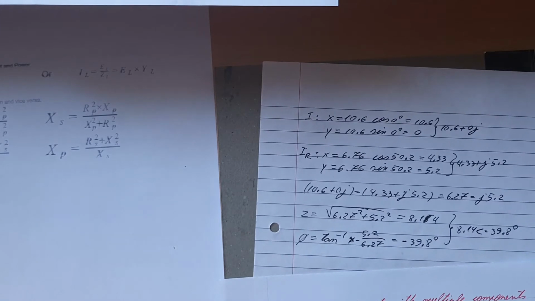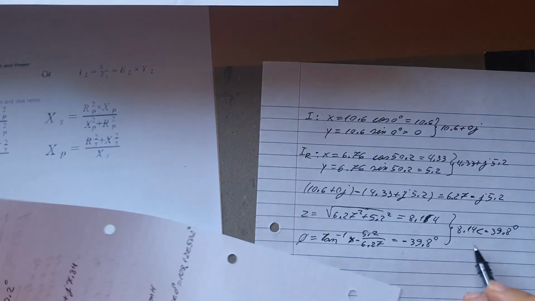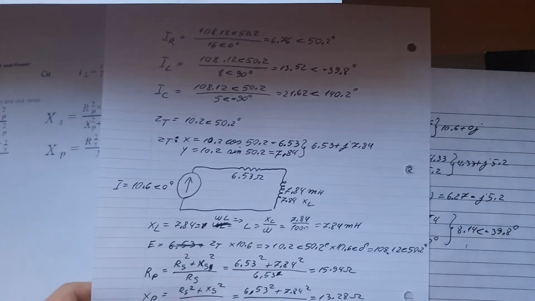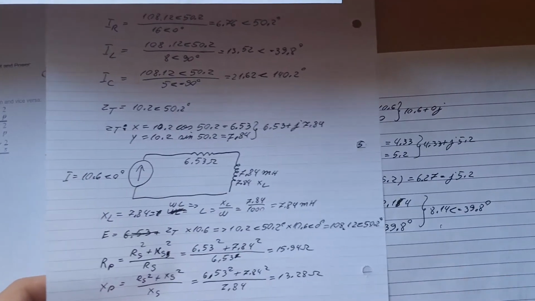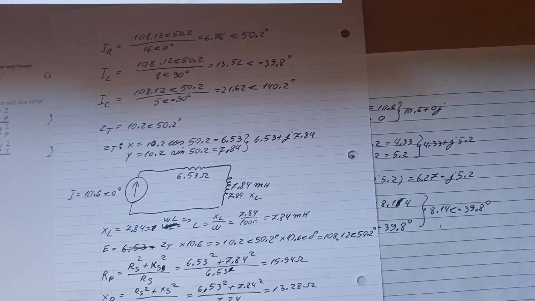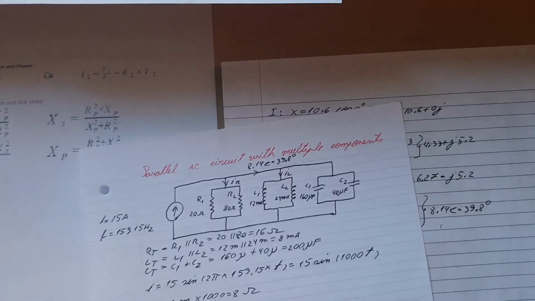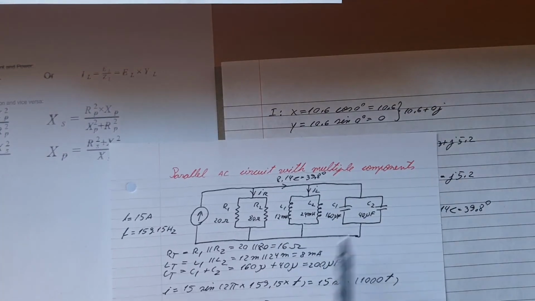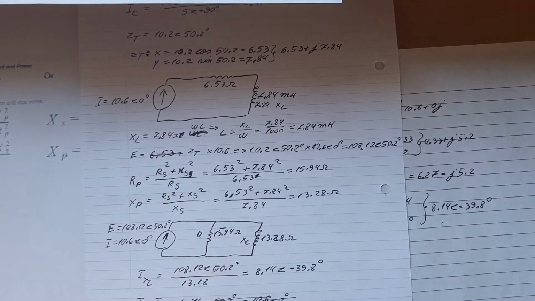And this number here is exactly the same as this number that we calculated when we calculated in parallel. That is the exact same number, which means it's correct. That is the current going through them, meaning that this is the total current going through here, helping me prove to you that the problem was correct and that this solution is viable.